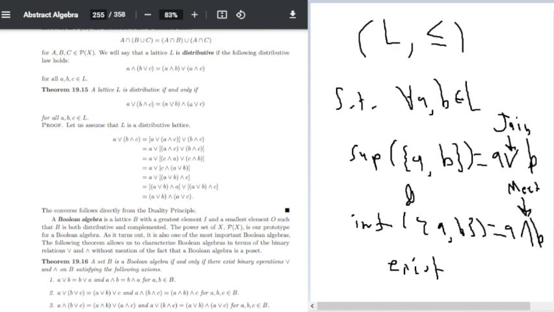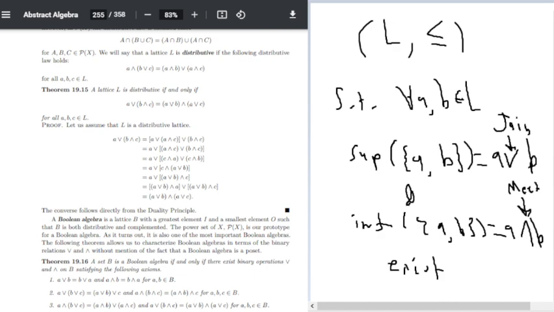So let us assume that L is a distributive lattice. A join (B meet C) is equal to (A join A meet C) join (B meet C), which after a chain of equalities works out to (A join B) meet (A join C).